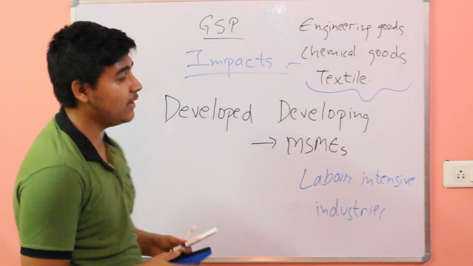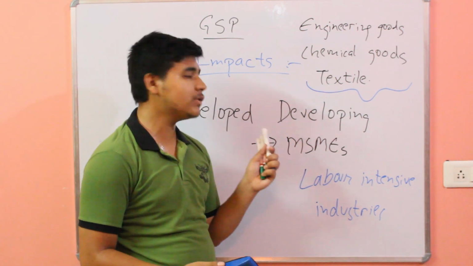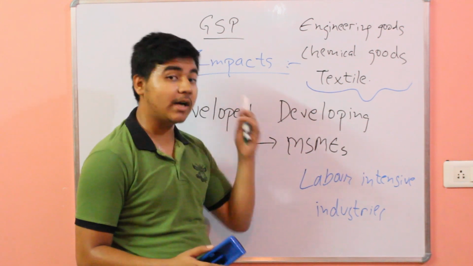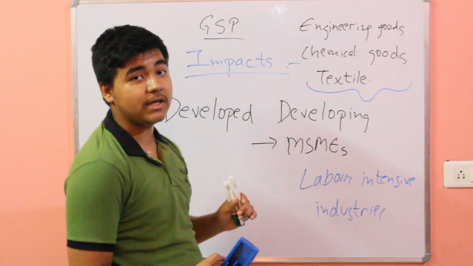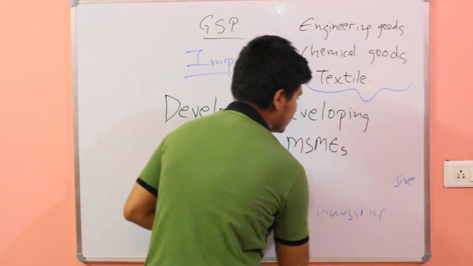So if GSP is removed, the effect will be transmitted across 13 areas of expertise of export from India to the USA.